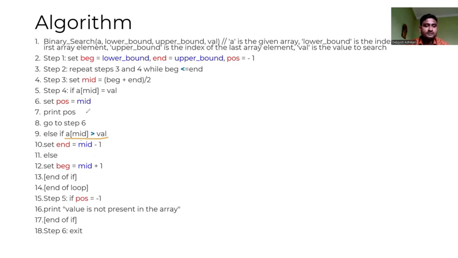Then again iterate this, again go through this algorithm and divide by the mid. Again calculate the mid and search, compare with all these lines. A mid and val, again compare with the value and mid, and again recursively compare, divide and conquer this whole array.